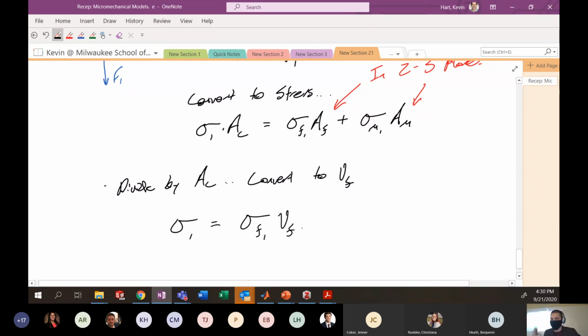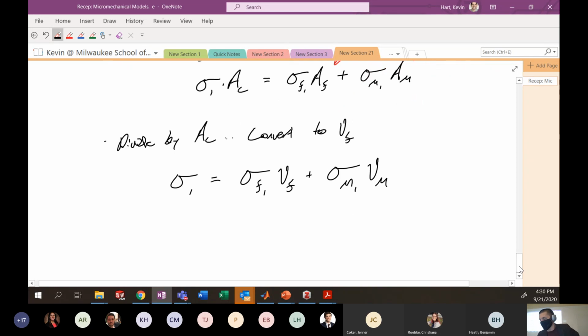This is back from slide 3 on the deck, or we talked about it in our recap today. Plus the stress that the matrix holds in this one direction multiplied by the volume fraction of the matrix. It seems obvious that the stress in the piece is the combination of the stress in the fibers multiplied by the amount of fibers that you have in the cross-section plus the stress in the matrix multiplied by the amount of matrix.